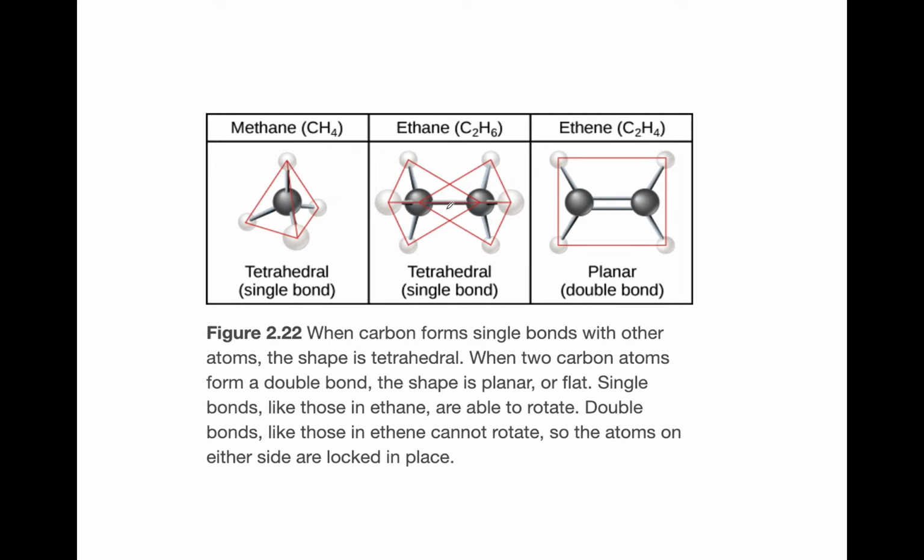But if you end up making a double bond between the 2 carbon atoms, or between carbon and another atom, then all of a sudden the molecule becomes flat. So all the bonds are in the same plane, if you like.